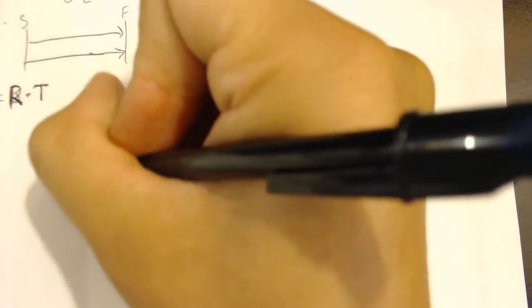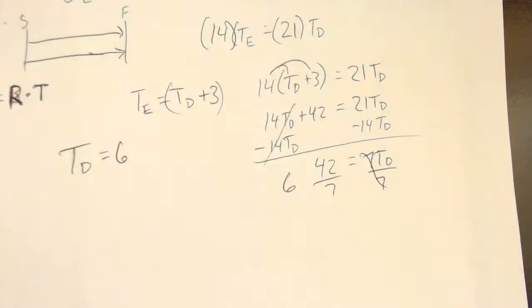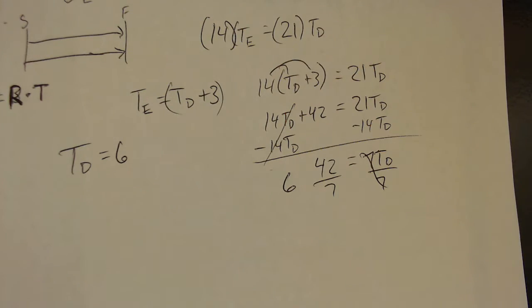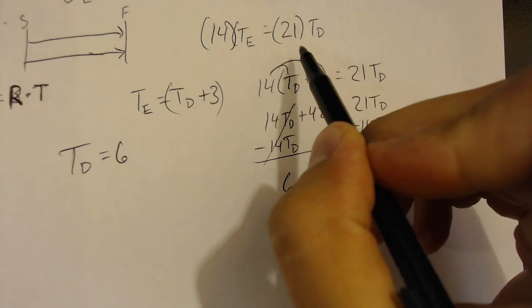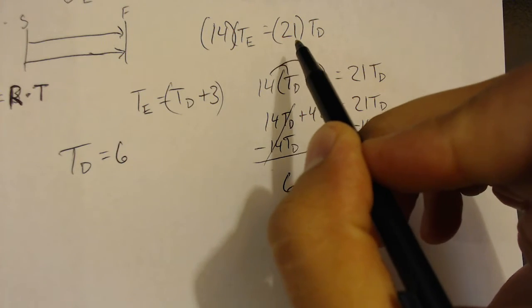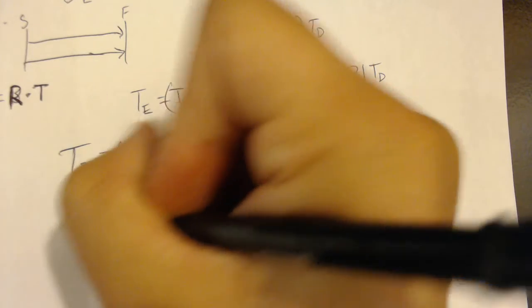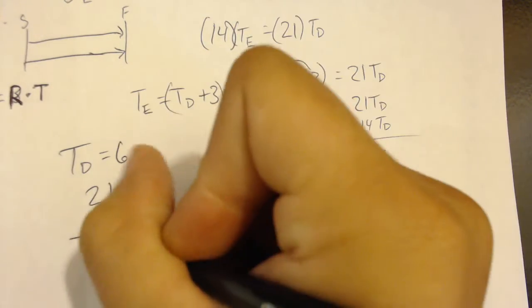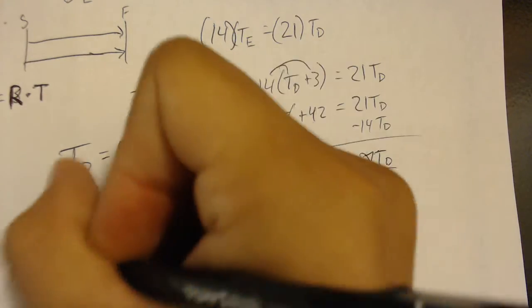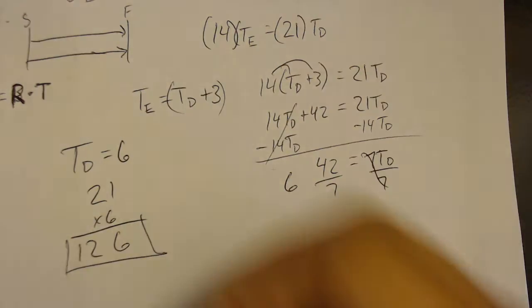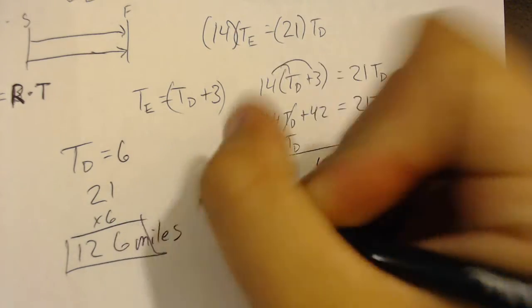So time of David is equal to 6. From here, if I've got David's time and I've got his rate of 21, I can figure out his distance. All I have to do is take 21 times 6, and I get his distance of 126 miles. And that's that.